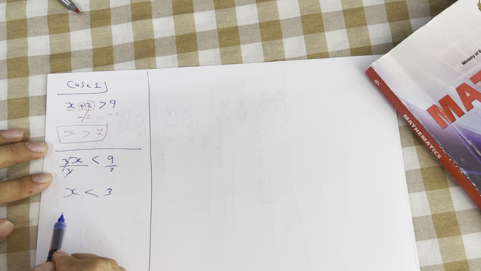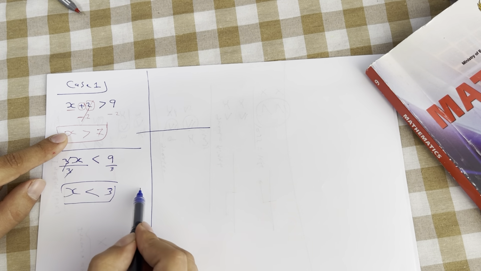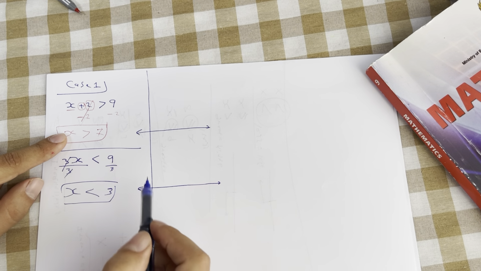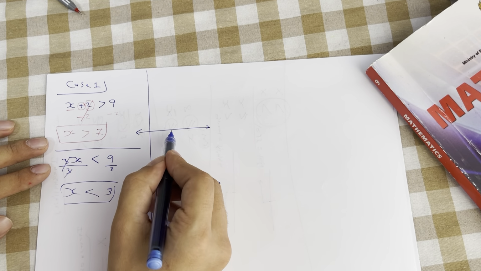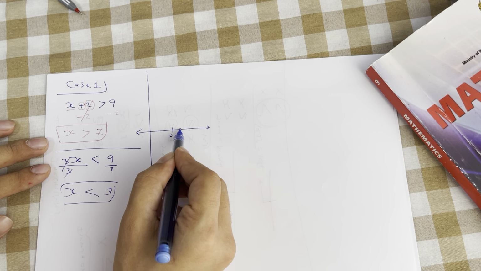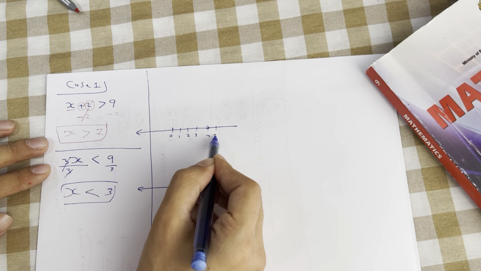Okay, how to draw on a line? Look at here. You can write this horizontal line, and we have 7: 0, 1, 2, 3, 4, 5, 6, 7. Because we don't have the equal symbol, I have to make a circle.